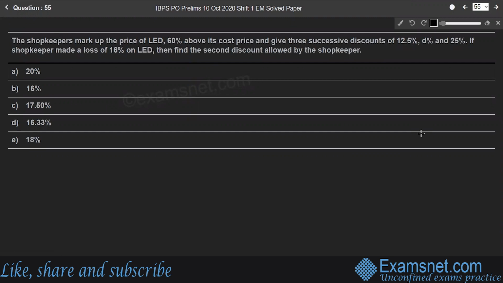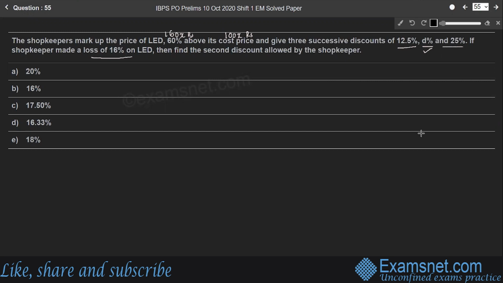Here, if we consider 100x rupees as the cost price of the LED, then the market price will be 60% above the cost price, 160x rupees. While selling the LED, the shopkeeper gave 3 successive discounts. We have to find the second discount, and also they made a loss of 16% on selling the LED.